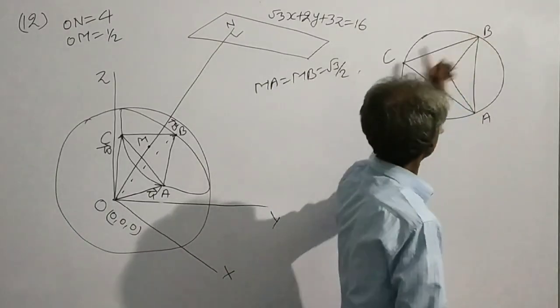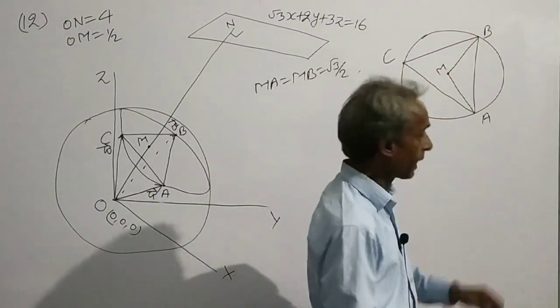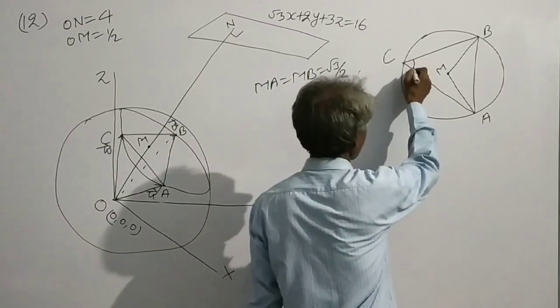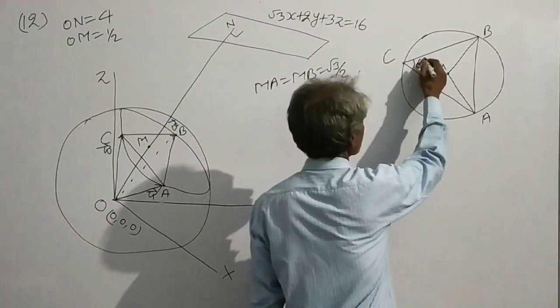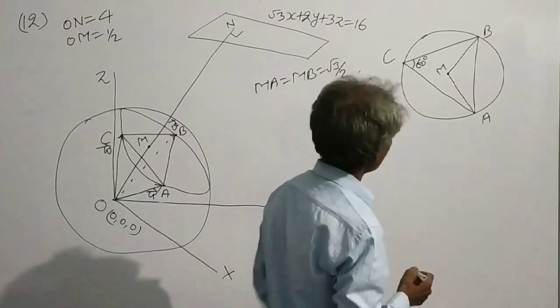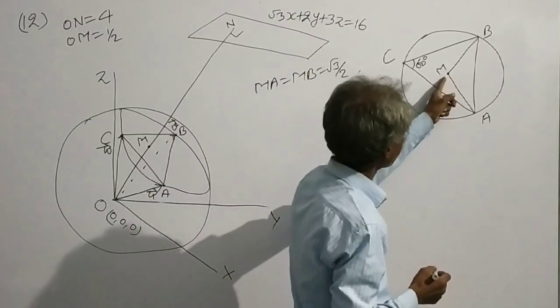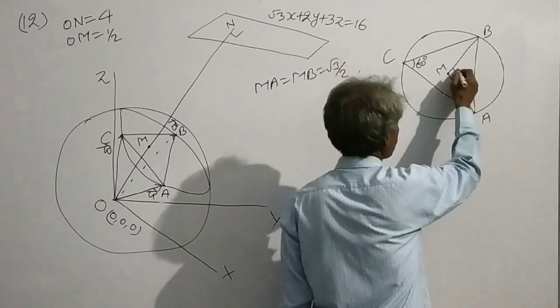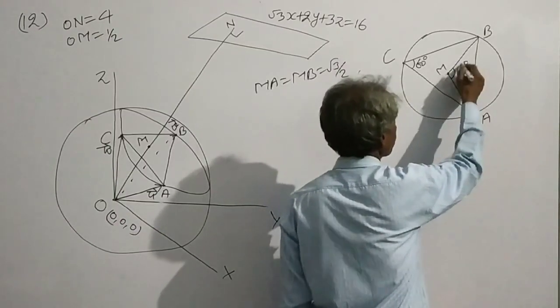Since ABC is an equilateral triangle, this angle will be equal to 60 degrees. Since M is the center of this circle, this angle will be equal to 120 degrees.